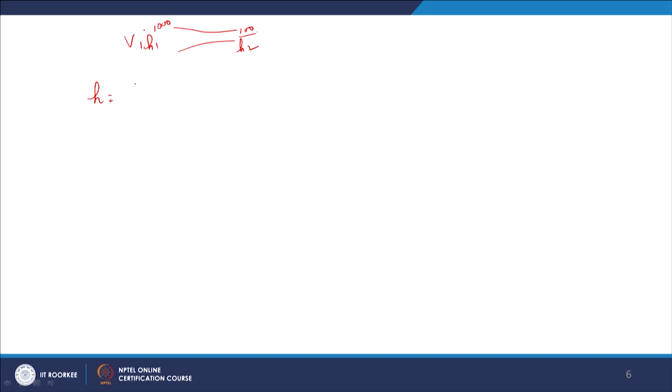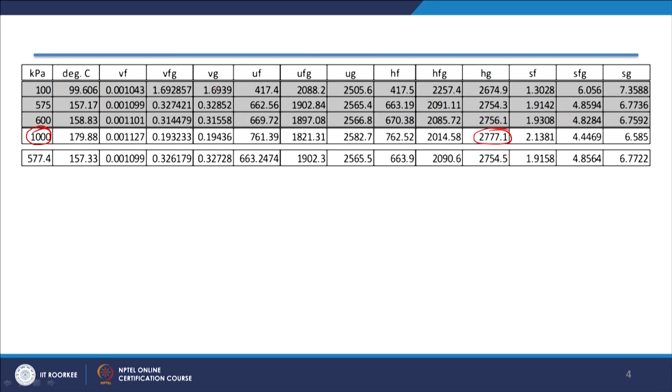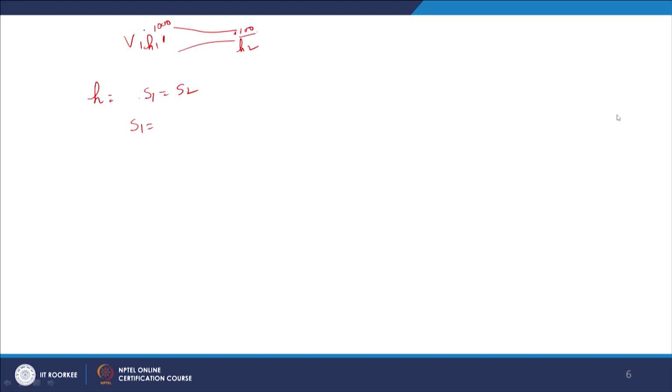If you remember, we will have to take S1 is equal to S2. This is saturated, we can take from the steam table, and this S1 is 6.585 kilojoules per kg Kelvin, right?